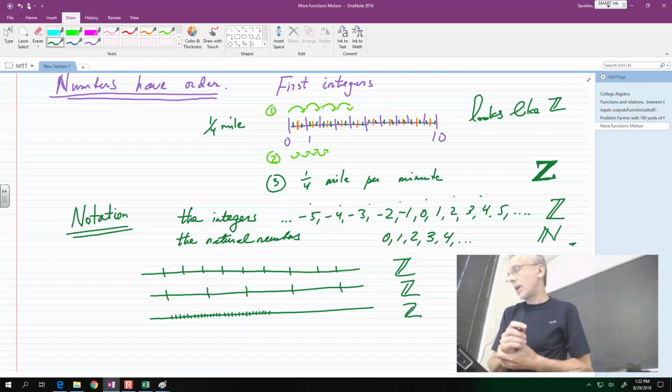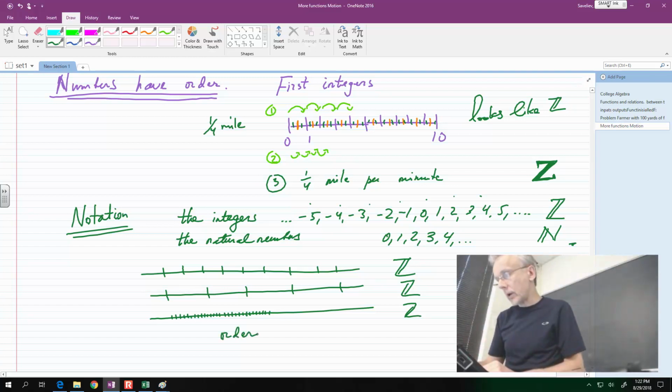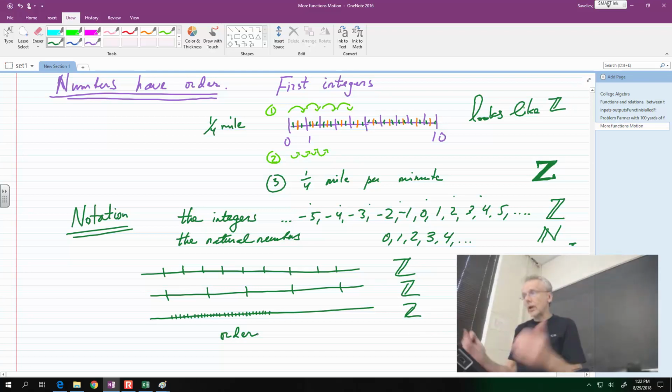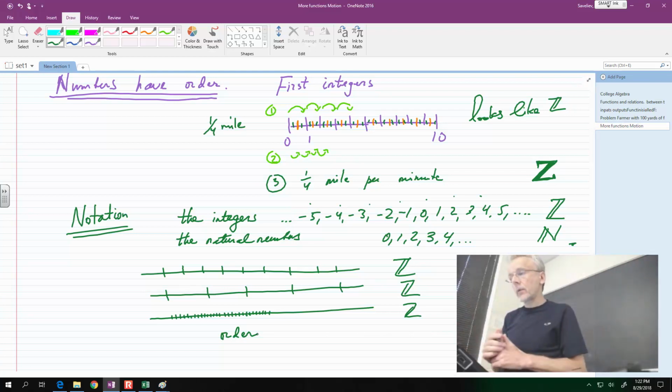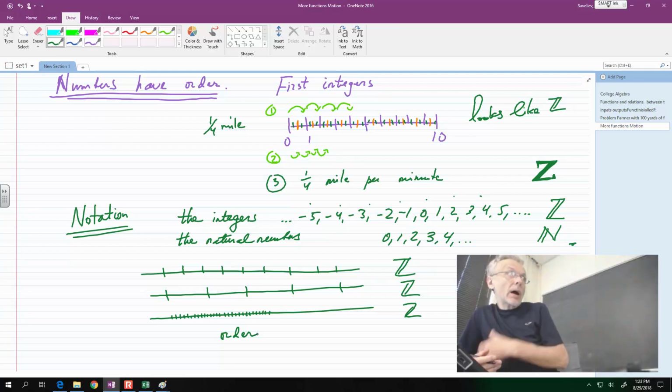At this time, the only thing that we care about is the order. So once again, the order is visible here, and you can start with Z and then subdivide it further as we had to do when we studied motion. What remains there is the order. There's a sequence of numbers, and they progress in an increasing manner from left to right.